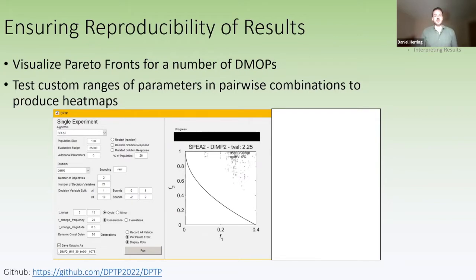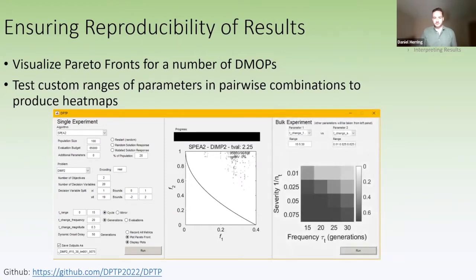We can also perform the pairwise parameter testing, recording the performance of the algorithm during each dynamic interval of a problem and representing this as a heat map or a grid across these combinations. The motivation for providing the tools used to generate my results is to try and address the transparency and reproducibility that are largely missing from the dynamic optimization community. Feedback from anyone interested in using this would be greatly received.